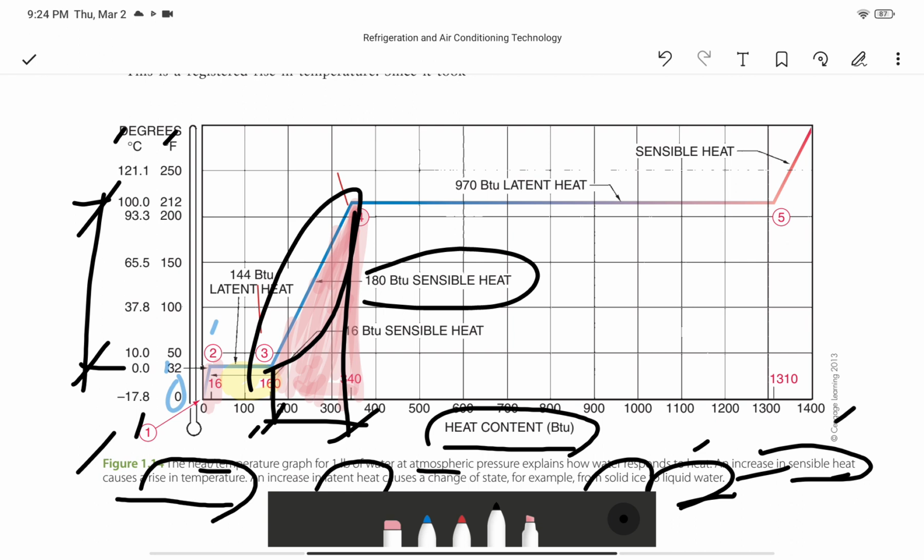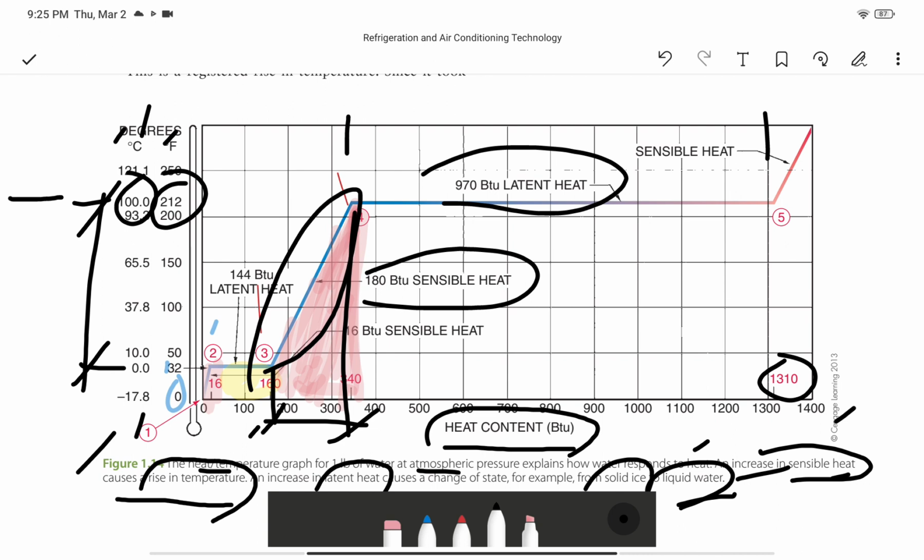Okay. So from point 4 to point 5, from this point to this point, it's too much, right? We have the red one here. So you added latent heat. No change of temperature, it is the same, 212 or 100 degrees Celsius.